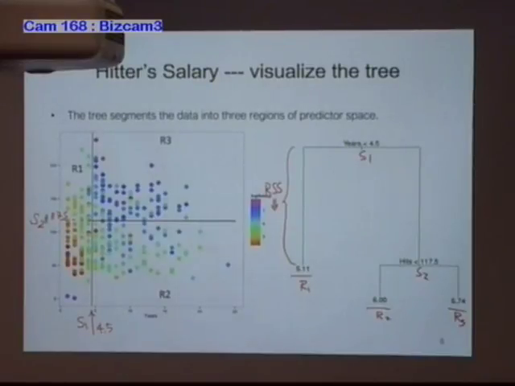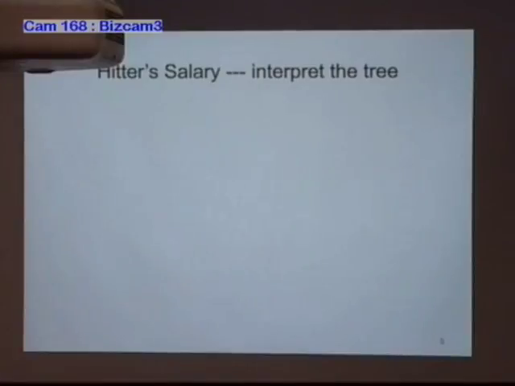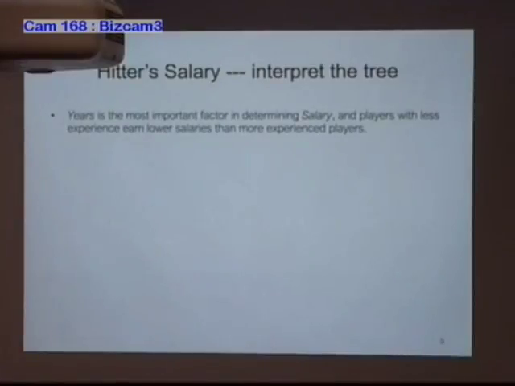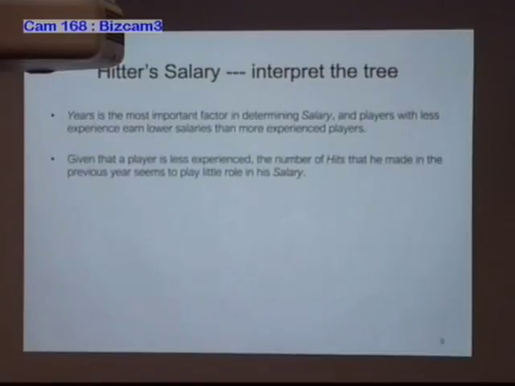This is one of the major things that makes trees popular, because you can make a lot of nice stories. You can think about years as the first major split. It says that the important factor separates the high-paid and lower-paid players. The more experience, the more salary, and 4.5 is the critical threshold. You have all these stories.